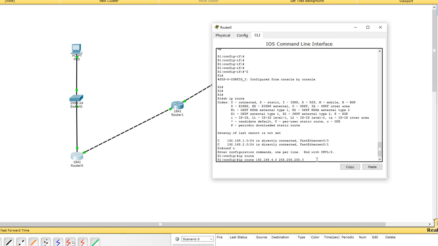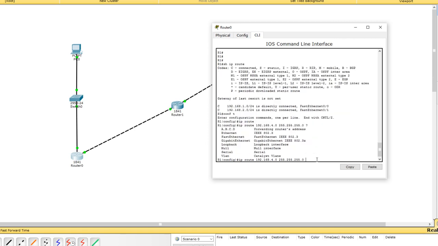So let's look at this. Let's put the question mark and see what are the available commands. So I can give an IP address, or I can give an interface. So I could very well say give it out on FastEthernet 0/1, which is this interface. I'm going to say send the traffic out on this. Doesn't matter what it is, just send the packet out on this. Or I can tell it to send that traffic to the next hop IP address.